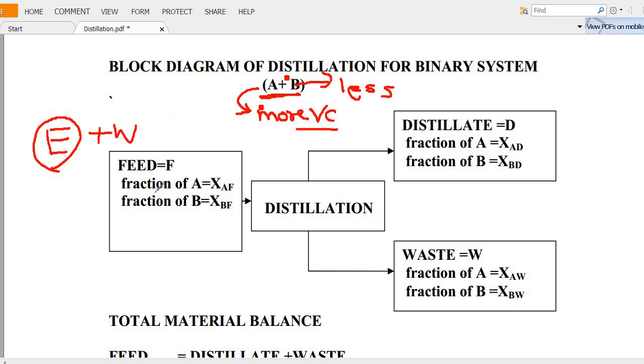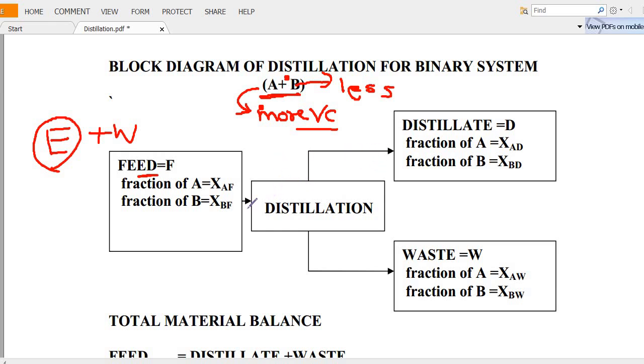These two components are present in the feed. This feed contains components A and B, and our aim is to separate this homogeneous liquid mixture. For that we go for the distillation operation. What is happening in distillation? In distillation, this feed is heated and then it is cooled.